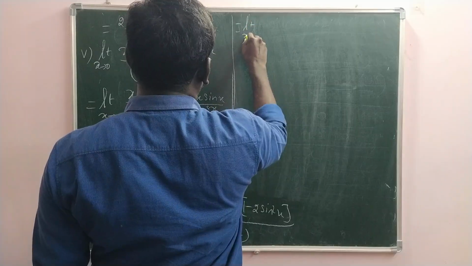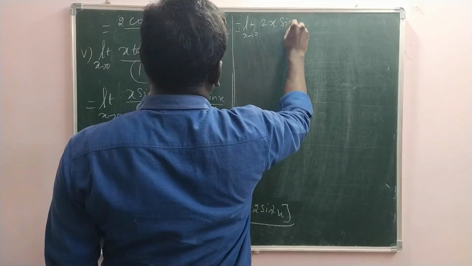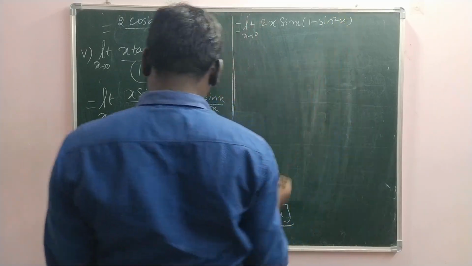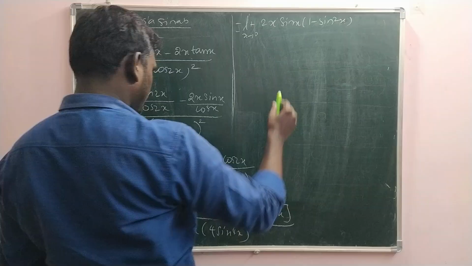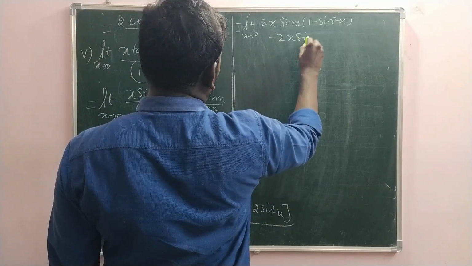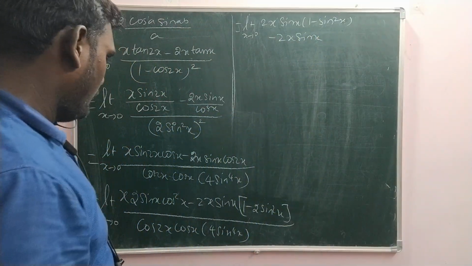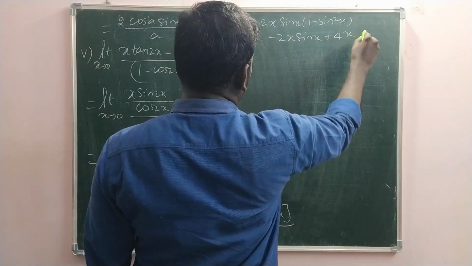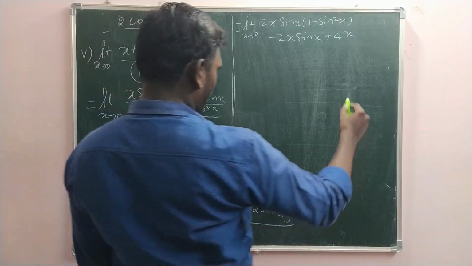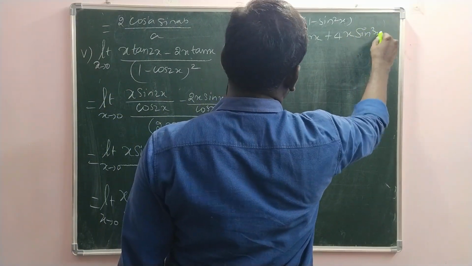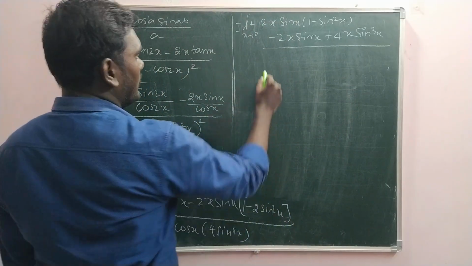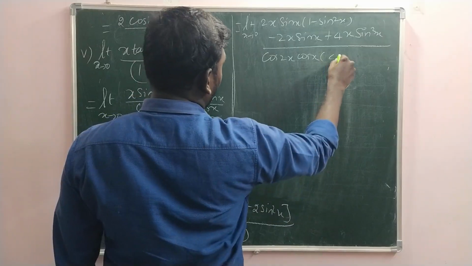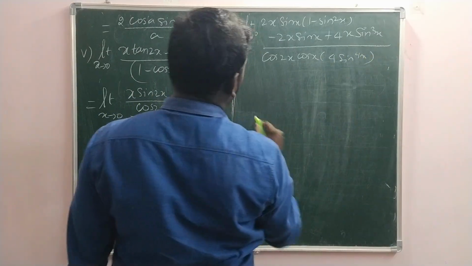Then we'll get limit x tends to 0, 2x sin x into 1 minus sine square x minus 2x sin x, and then plus 4x sin cube x, whole divided by cos 2x cos x into 4 sin power 4x.